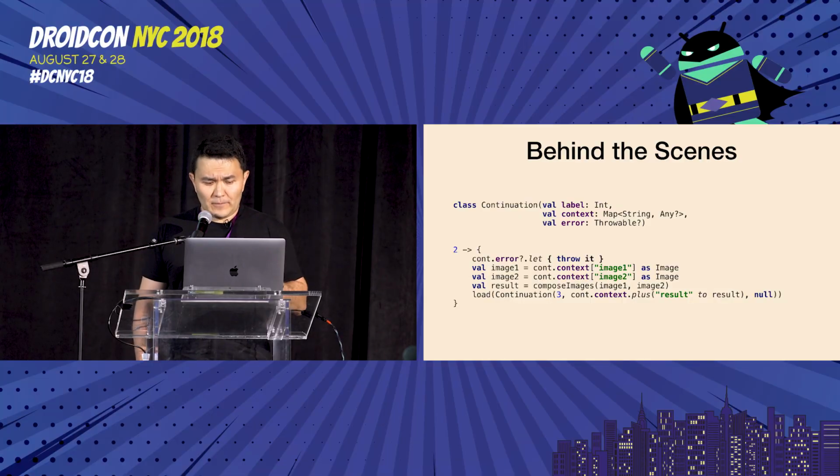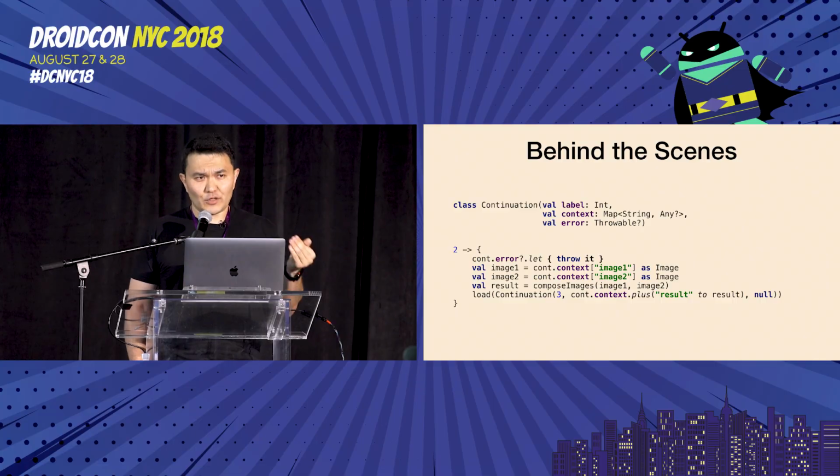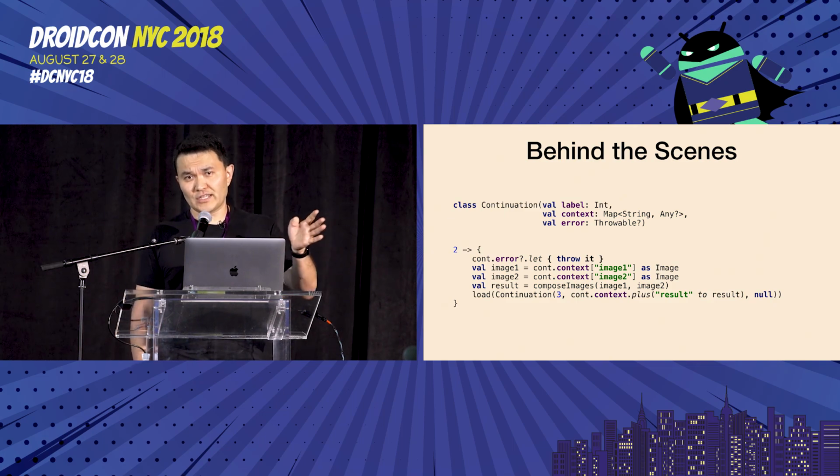We also want to be able to hold on to some data, and that's what the context does for us. We also want to be able to exit out of the coroutine in case an error occurs. This is one nice thing, because coroutines can be used with regular error and exception handling, so you can use try-catch with coroutines. That can simplify some of the code. And of course, in our regular code, we will try to push the exceptions out to helper functions.